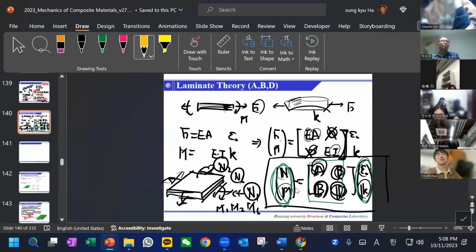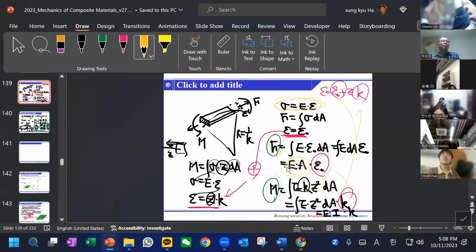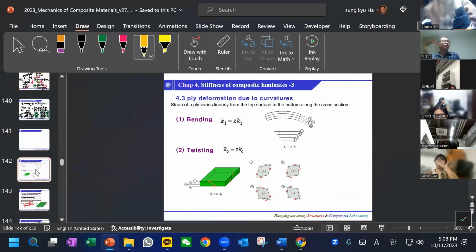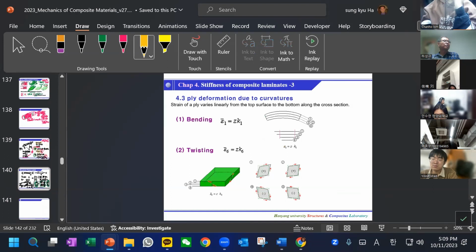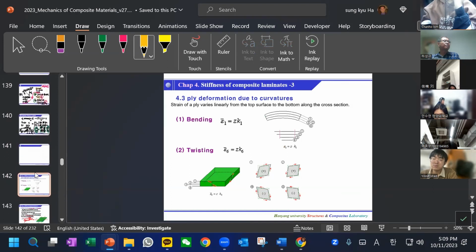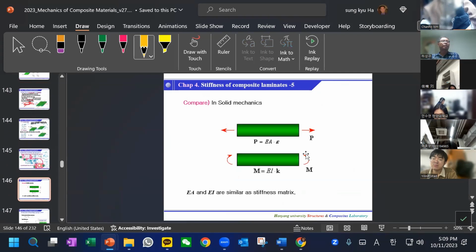Only difference will be here. I'm going to rewrite here. This is well known. I'm sure you know this one, but this equation again we can rewrite.